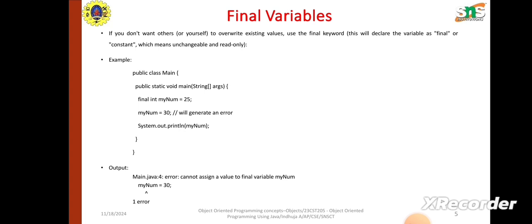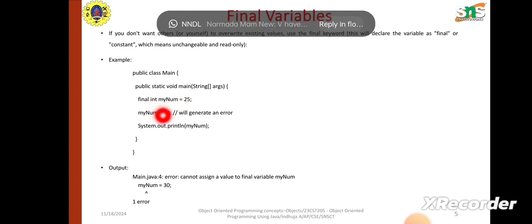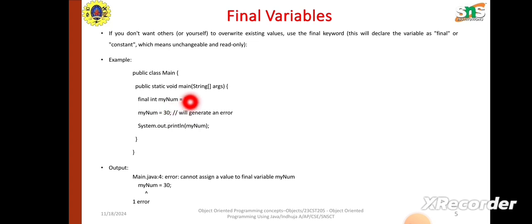For example, public class Main, inside the main function, I have written final int myNum equals 25. What I'm telling the compiler is, my variable myNum is given the final keyword, which means the value 25 I'm going to store should not get affected by others.